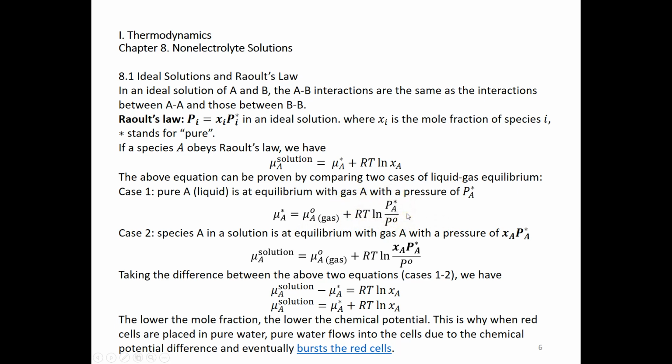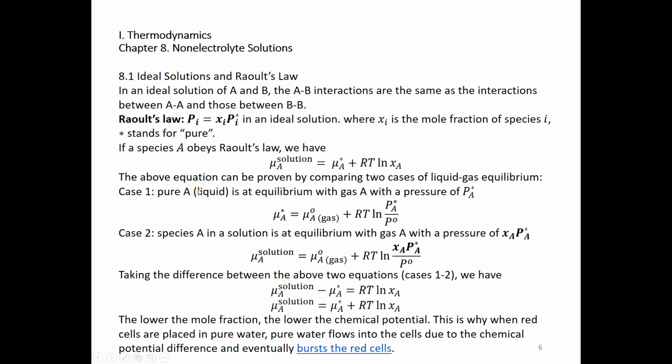The reason is, for ideal gas, molar volume is simply RT over P. You're integrating RT over P dP, and that's why you have this pressure dependence in the form of the logarithm of a ratio between the actual pressure over P naught. Again, because we use P naught as the standard state, and this mu naught is the chemical potential of gas A when its pressure is 1 bar. That's why we have this equation.